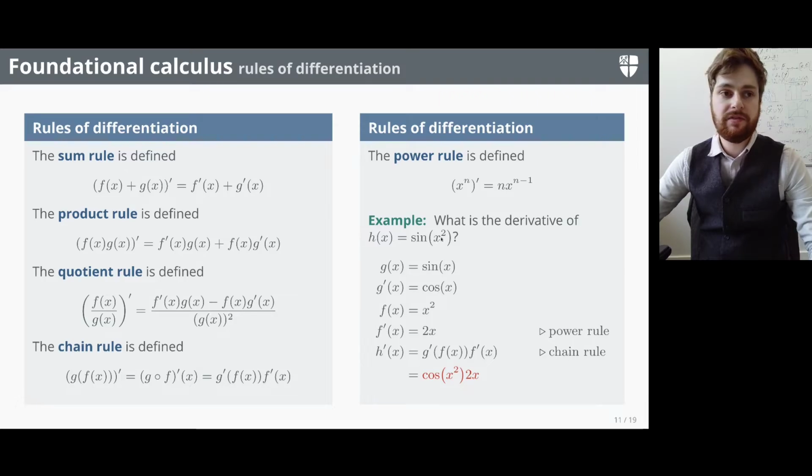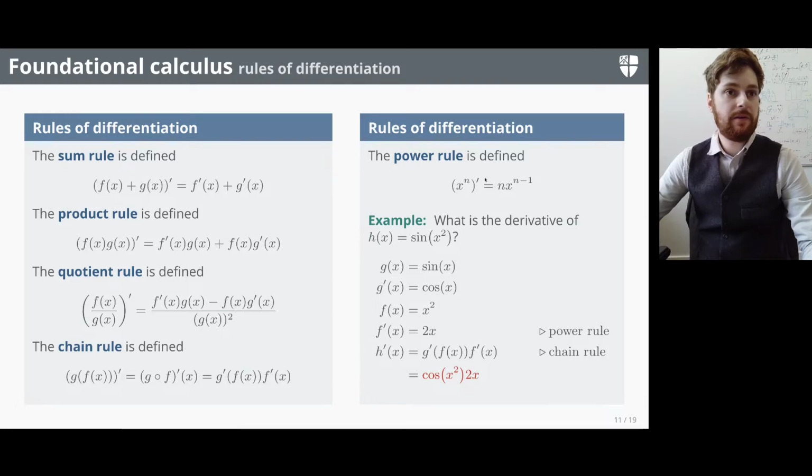So we'll start by saying the derivative of g of x is equal to cosine of x. If you remember, we said before, it goes sine of x, its derivative is cosine of x, its derivative is minus sine of x, and then it's minus cosine of x. So the derivative of sine of x is cosine of x, and for the derivative of x squared, we're going to use the power rule here.